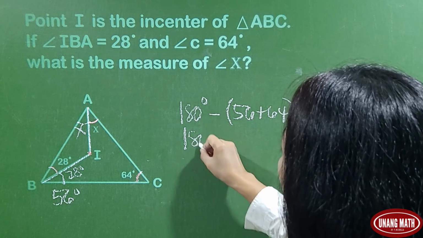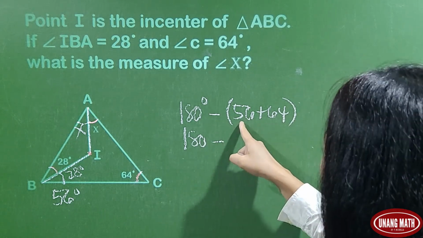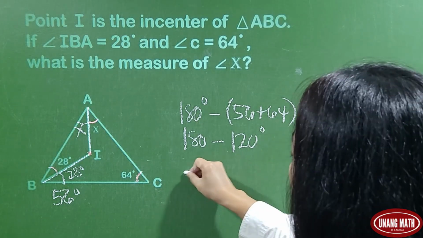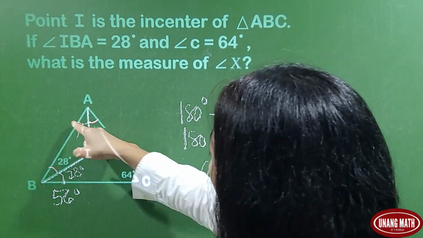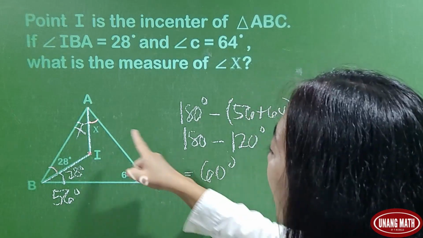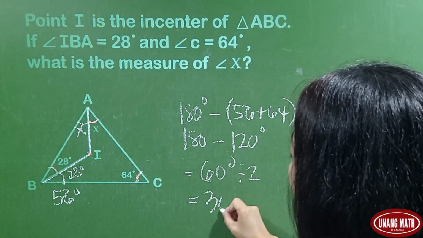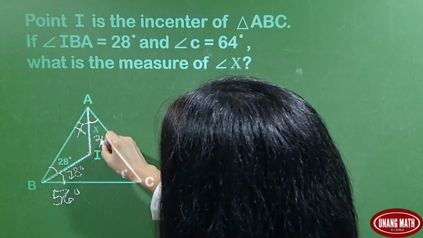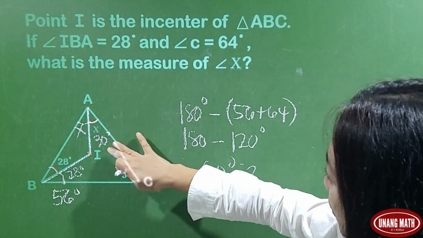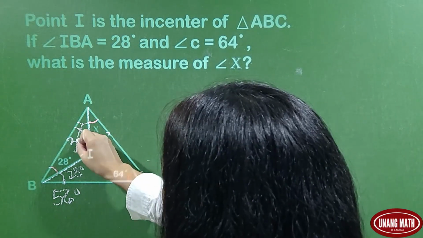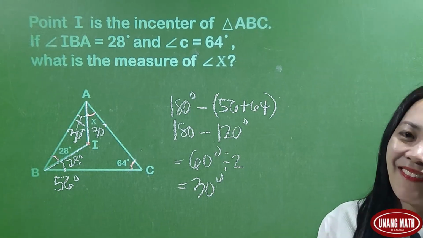So 180 minus 56 plus 64 is 60 degrees. This whole angle is 60 degrees. Divided by 2, that means x is 30 degrees. So in this question, what's the measure of angle x? It's 30 degrees. Also, here is 30 degrees.